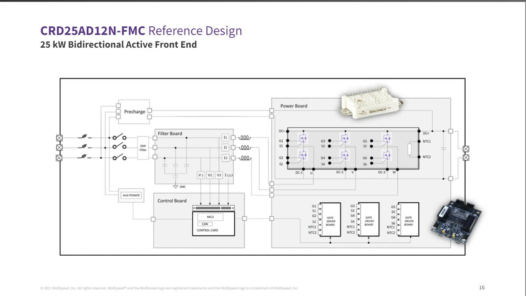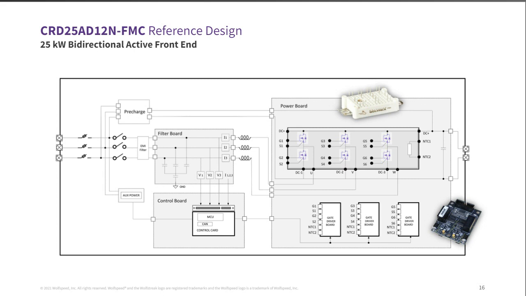So we have everything necessary for safe operation: fuses, contactors, a pre-charge circuit, which is a diode bridge and resistors. So it's more geared towards a higher power level pre-charge. So you could take this as a building block and scale up the power if needed.